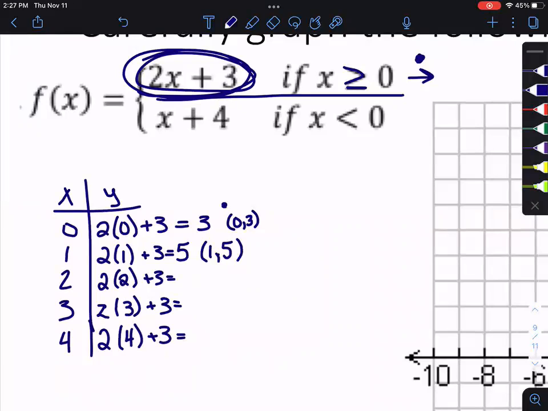For the next one, 2 times 2 is 4. 4 plus 3 is 7. So the ordered pair 2, 7. For our x value of 3, 3 times 2 is 6. 6 plus 3 is 9. So the ordered pair 3, 9.